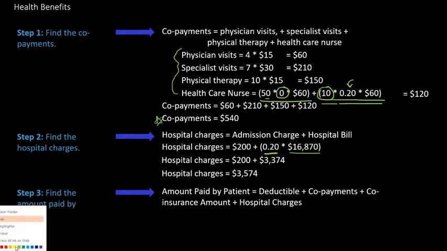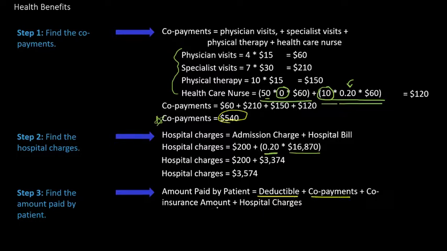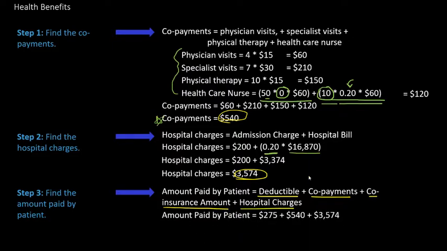So we have our deductible, the co-payments, which we calculated here, same thing as co-insurance amount, and then our hospital charges, which we calculated here. So altogether, it'll be that $275, the $540 in co-pays, and the $3,500 or so in hospital charges. And our final amount paid by patient is $4,389.